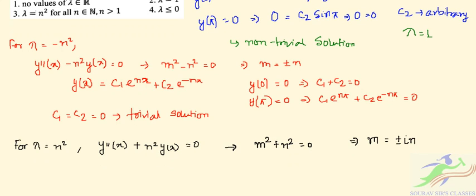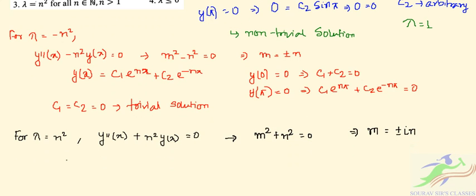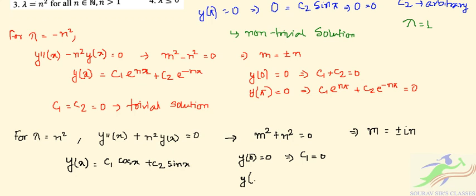Now write the general solution: y(x) equals c1 cos nx plus c2 sin nx. y(0) equal to 0 implies that c1 is equal to 0, and y(pi) equal to 0 means c2 is arbitrary.